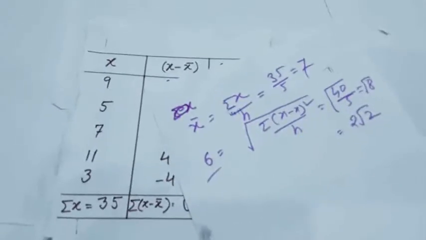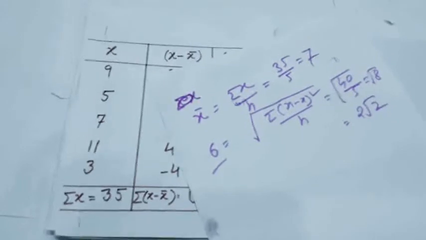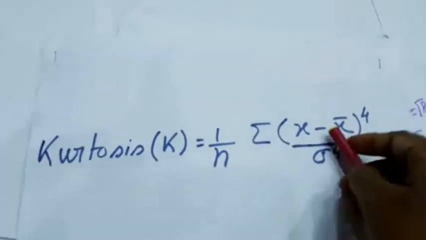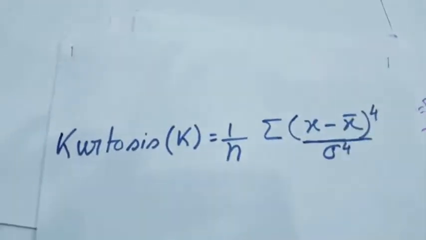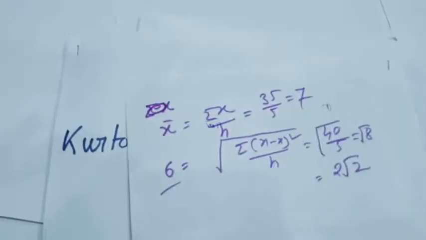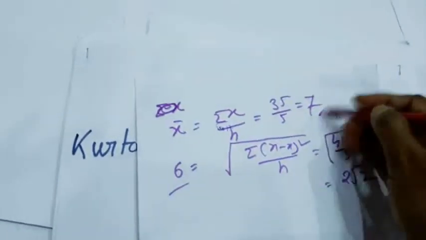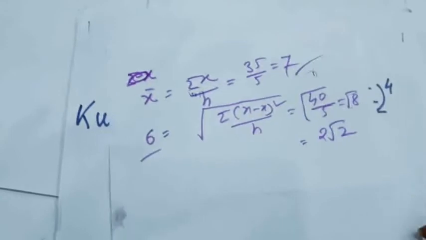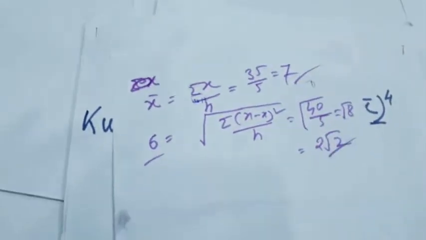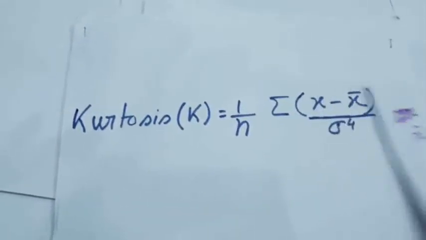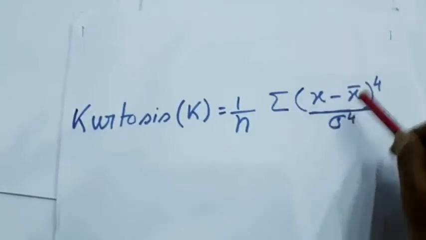What is the demand of the formula? Okay, so the demand of the formula is x bar, we obtained this, 7, and sigma we obtained, 2 root 2, and this thing we already got.